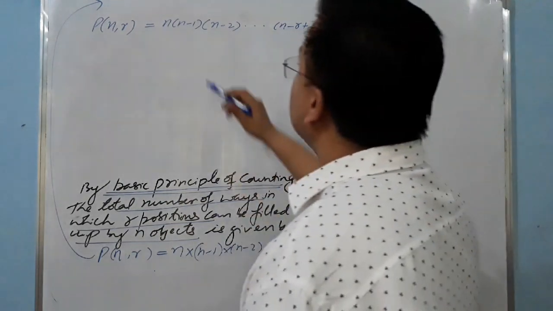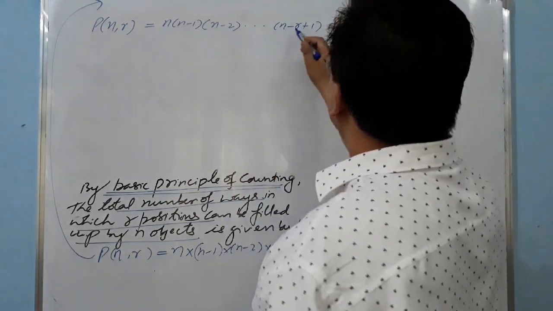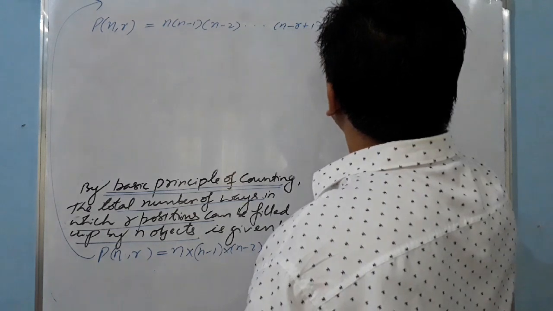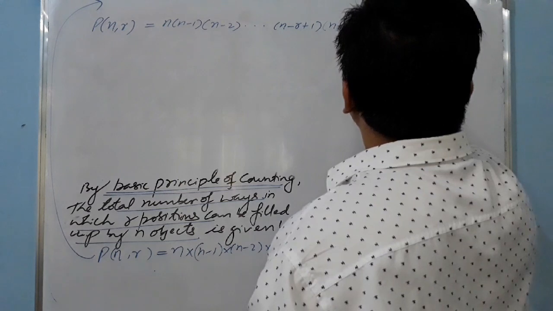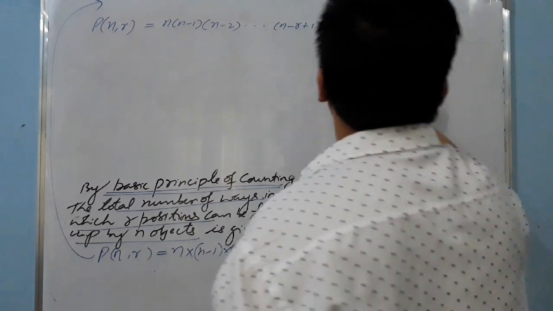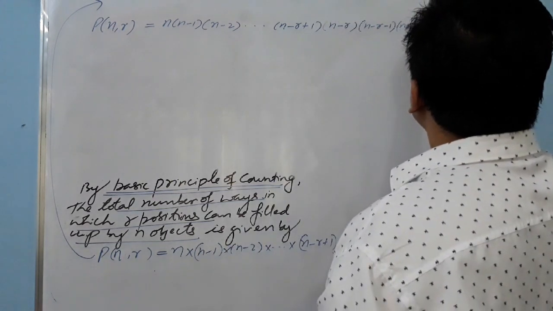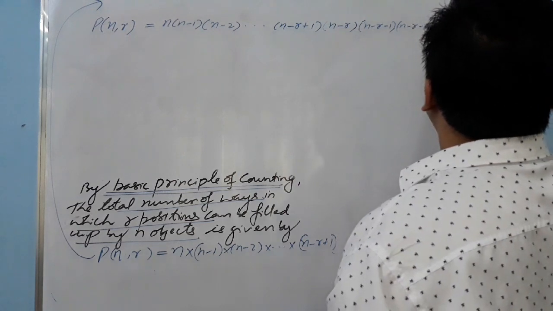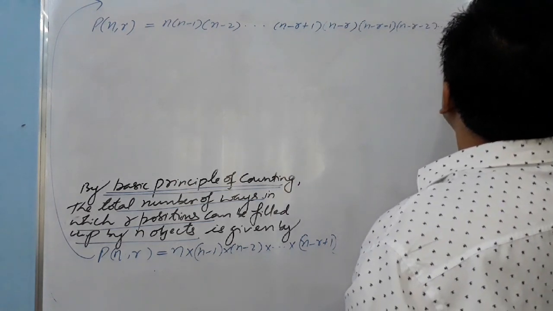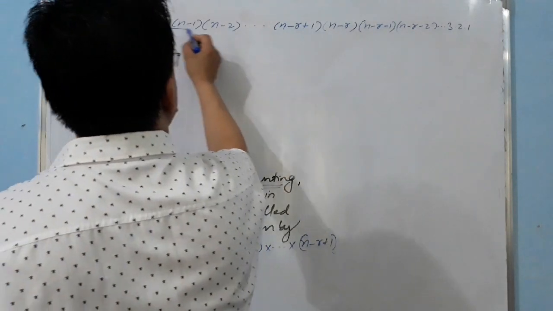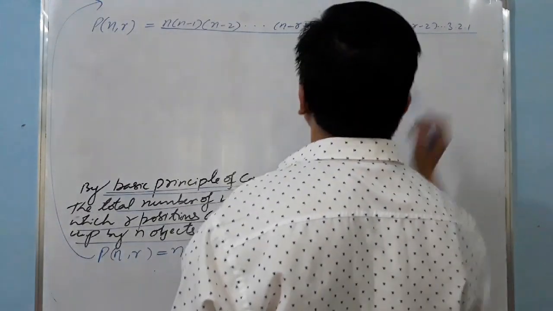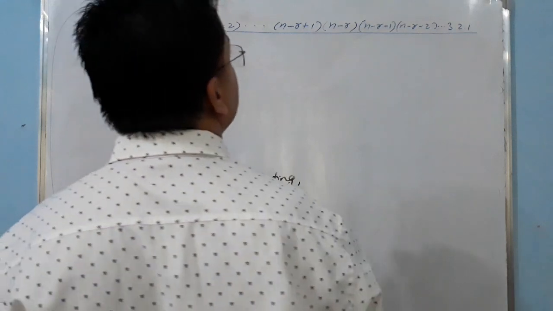Let's complete the product: n minus r plus 1, then decrease by one, n minus r, then n minus r minus 1, n minus r minus 2 and so on, finally 3, 2, 1. If you have any confusion, you can see the tutorial video on factorial.